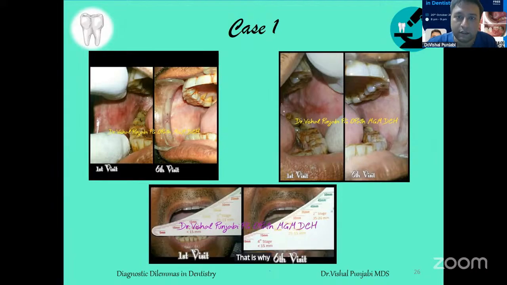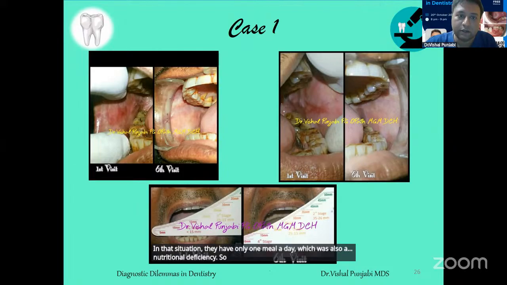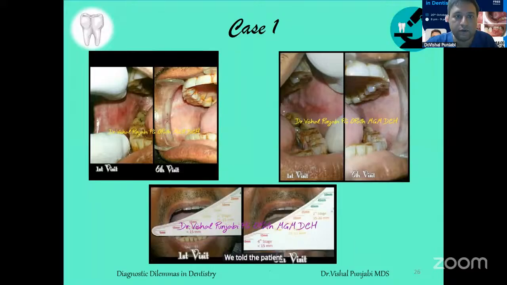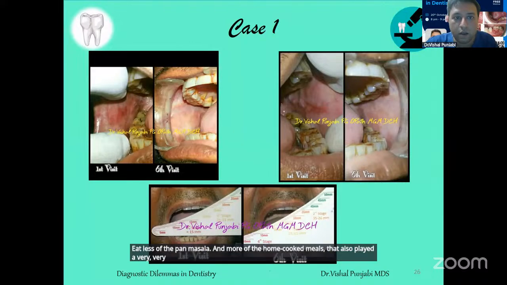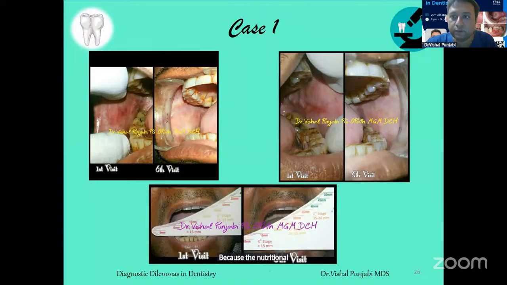That is why it affects a lower socioeconomic group. In that situation, they have only one meal a day, which was also a nutritional deficiency. So in this particular case, we educated the patient to eat less of the pan masala and more of the home cooked meals. That also played a very, very important role, because the nutritional deficiency which was getting created ultimately reduced.